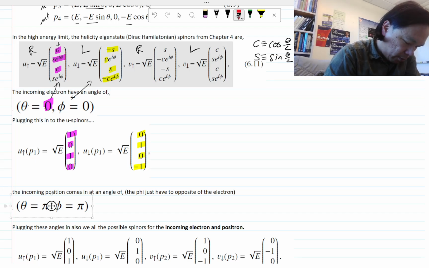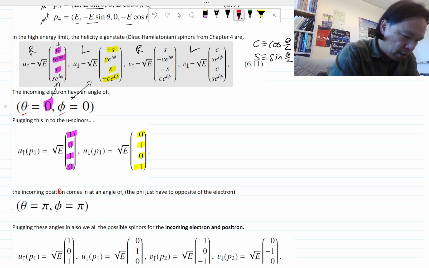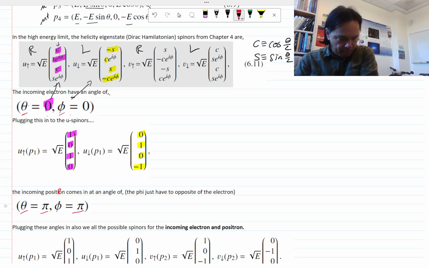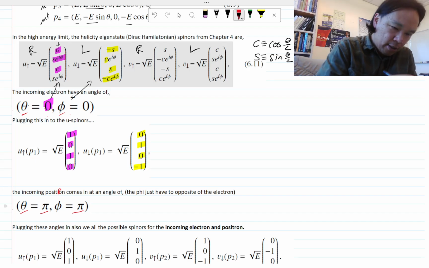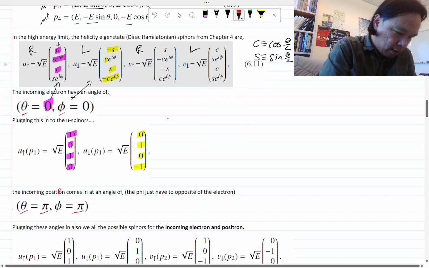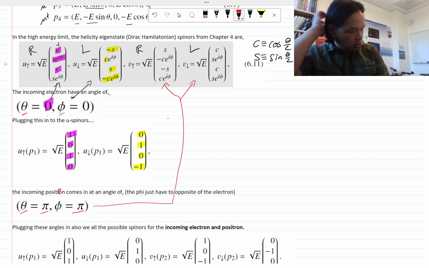So if we declare that the electron is coming in at theta equal to 0, phi equal to 0, the positron has to come in from theta equal to pi, phi equal to pi. Okay, but since it's a positron, instead of plugging into the u's, which are the particle spinors, we have to plug this into the antiparticle spinors.